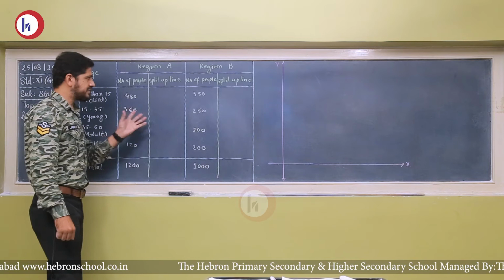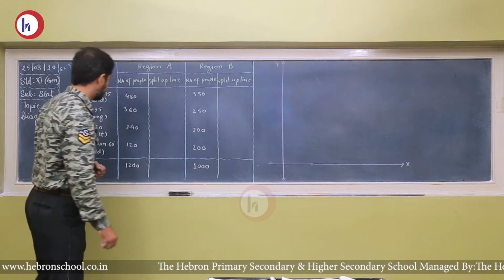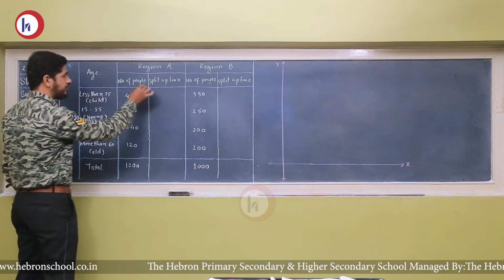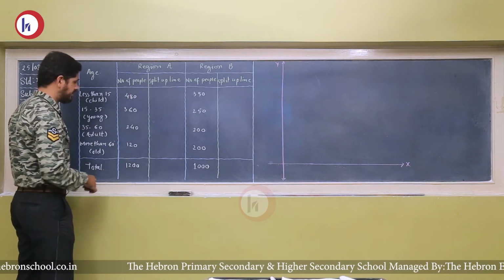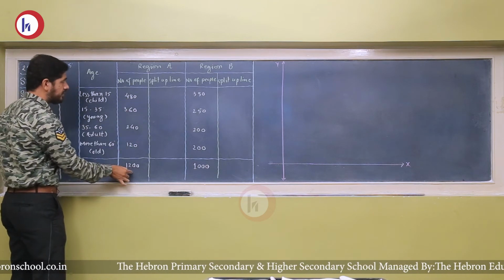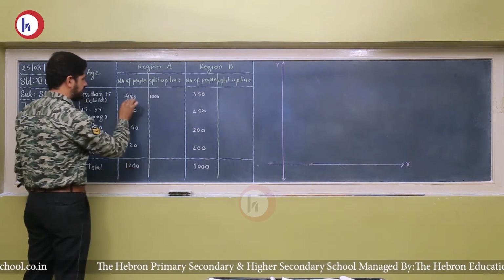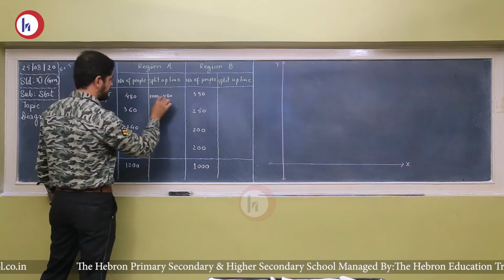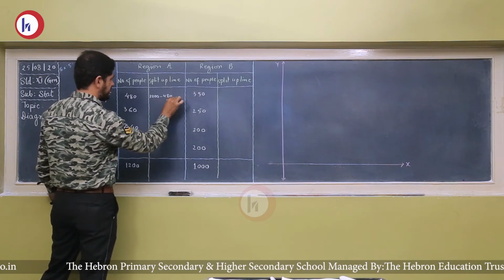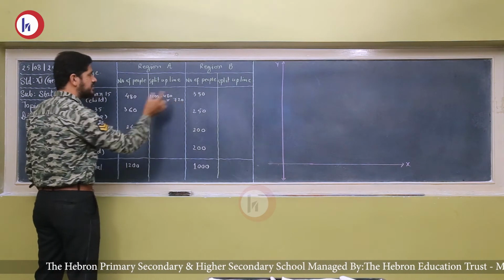So before representing all this data, we need to do some calculation. For example, we need to find the split up. The total number of people is 1200. Subtract the first, 480, and we get 720. This number is called the split up number.